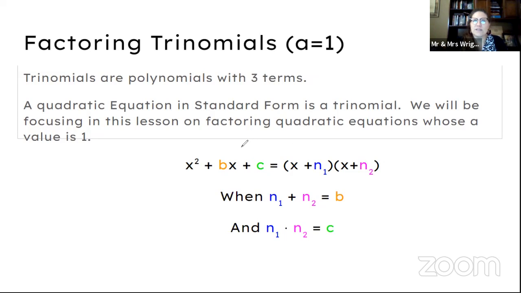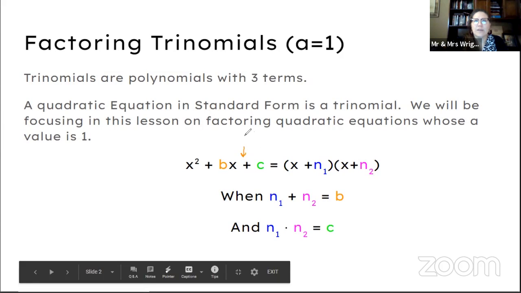Then there's 2 more things to pay attention to, and that's the signs, the first sign and the second sign. We're going to start here with the second sign, okay? If it's positive, that means that the signs in our factored polynomials are going to be the same. If it's negative, that means that these signs are going to be opposite or different.